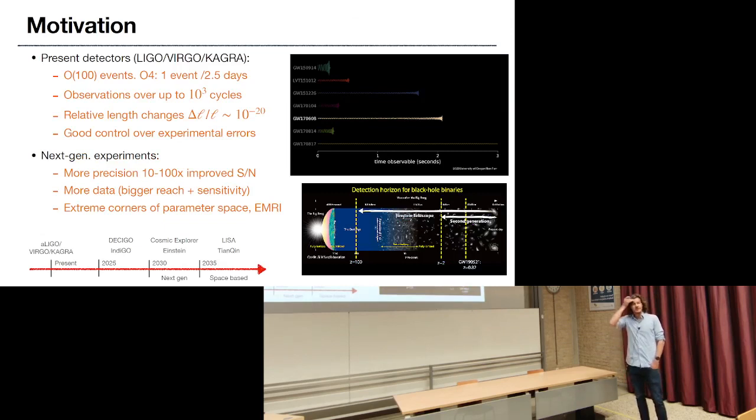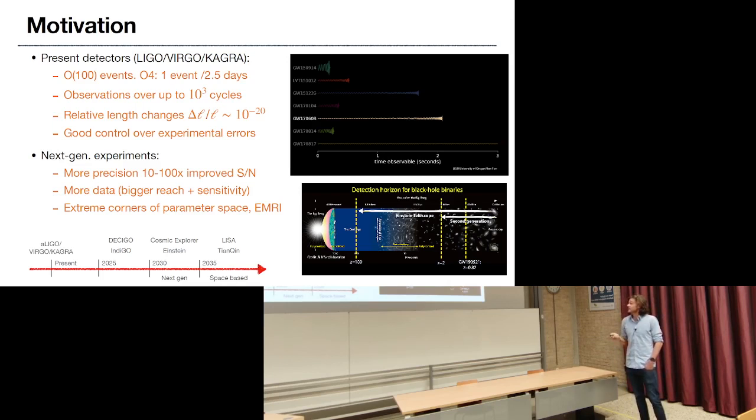So right now, this is done by ground-based observatories, namely the LIGO, Virgo, and KAGRA collaboration. There have been around 100 events observed so far, and just recently the fourth run has started for these observatories, and they promise that they will give us about 200 more events in the next few years.